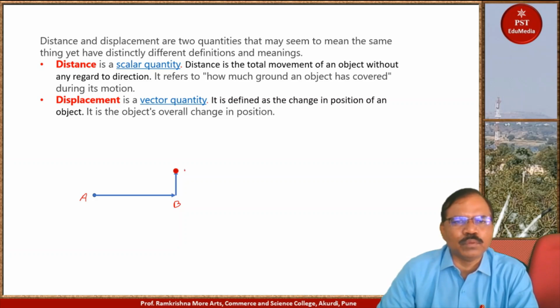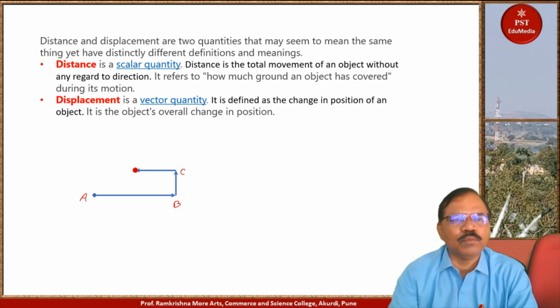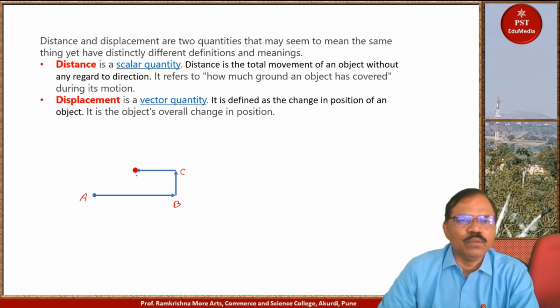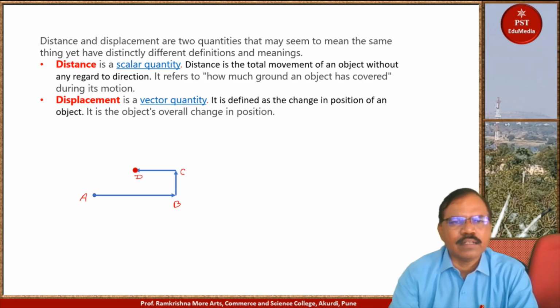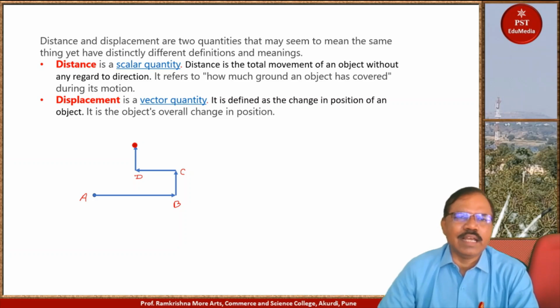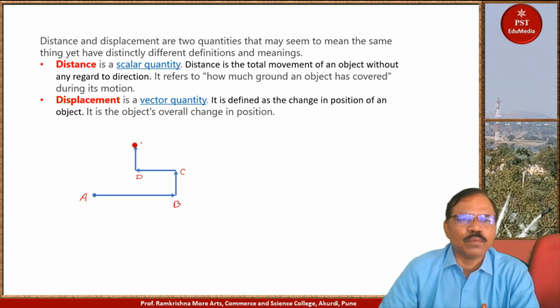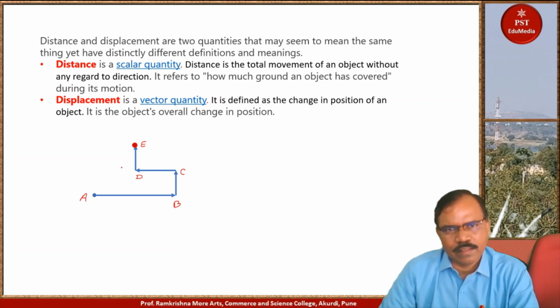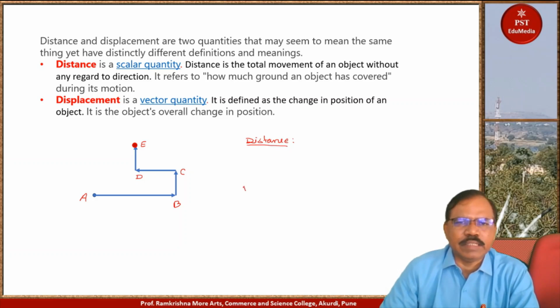It goes up to C. Then it moves along this direction. It goes up to D. And then it moves along this direction. It goes up to E. Then what is the distance traveled by the body? And what is the displacement?